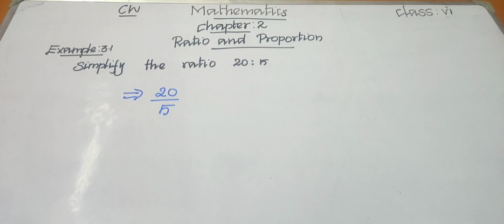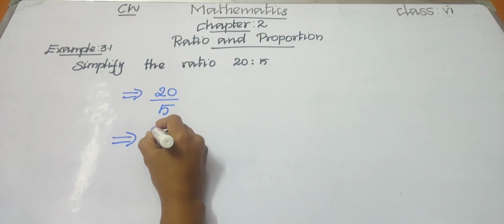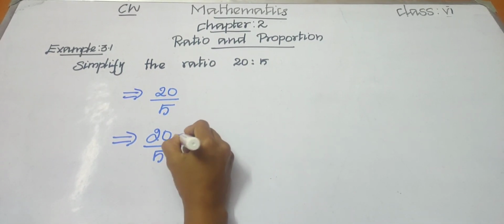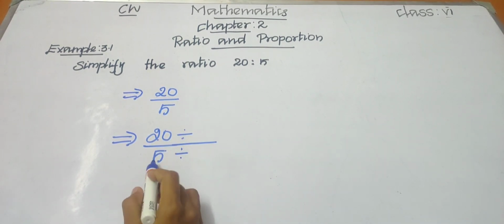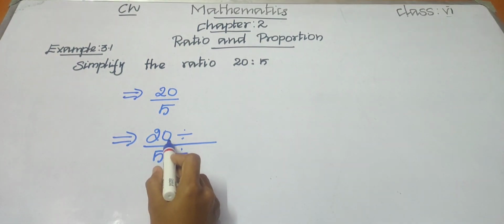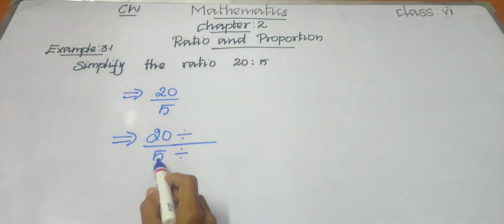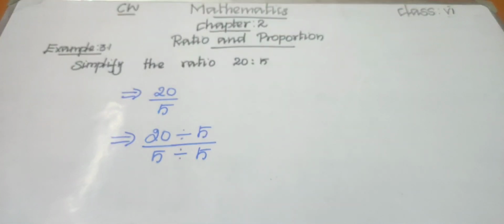We need to divide by the same number in the numerator as well as in the denominator. Here we have 0 and 5, which are multiples of 5, so we are going to divide by 5 in the numerator and 5 in the denominator.